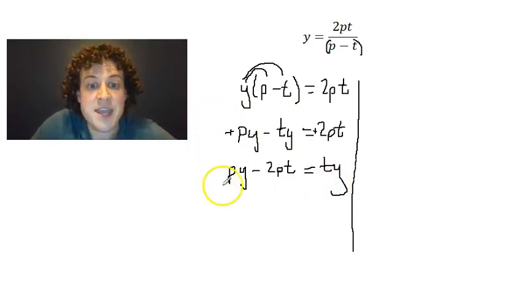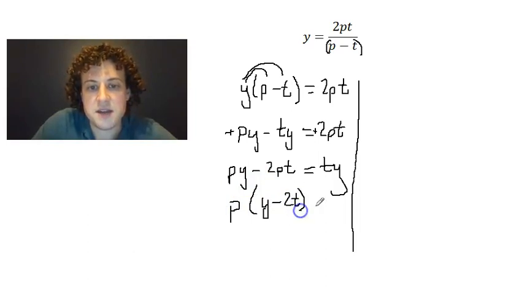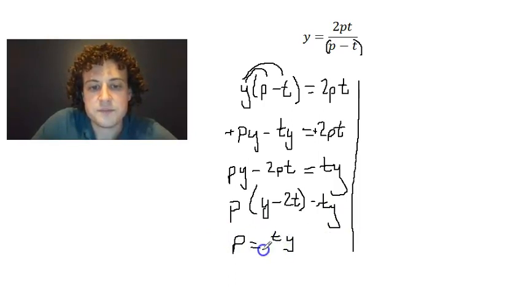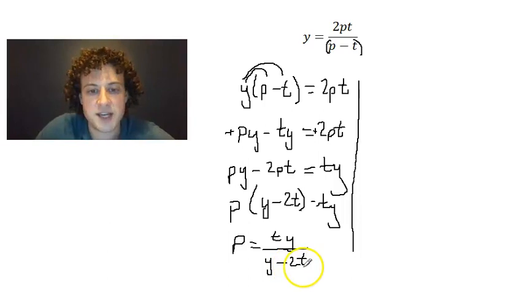And now to get the p out, we're going to factorize p bracket y minus 2t equals ty, and then we can divide p equals ty over y minus 2t. And I can drop that bracket now because the fraction implies it.